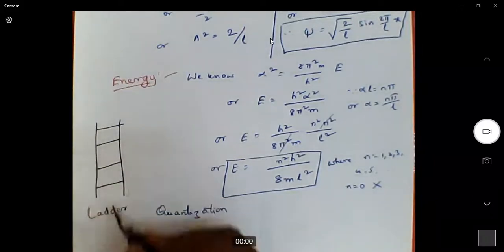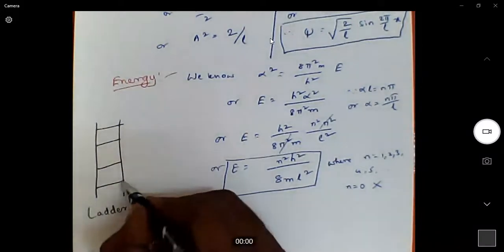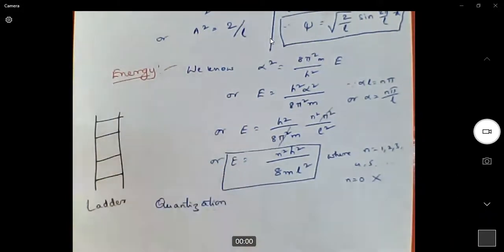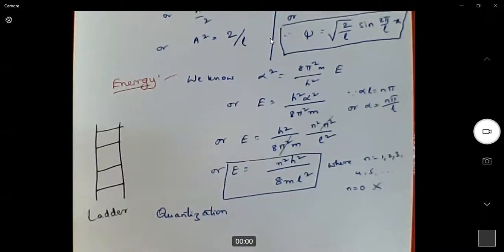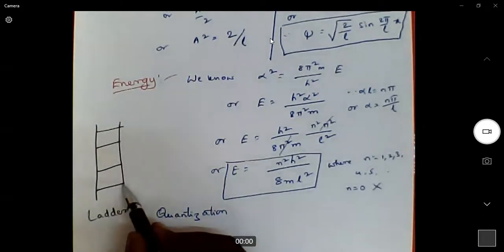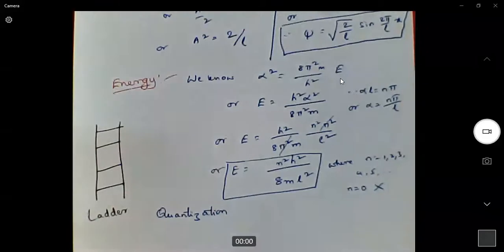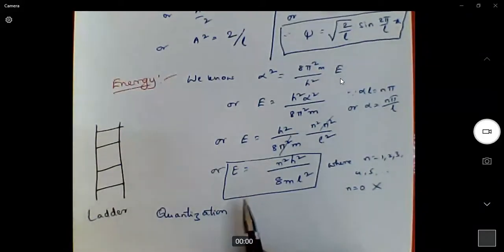The steps are not continuous. There is one step here, and after some gap there is another step, after some gap there is one more step. So the steps in a ladder are not continuous. This is the best example for quantization. Only certain values are possible for an energy expression. So this is what is called quantization.